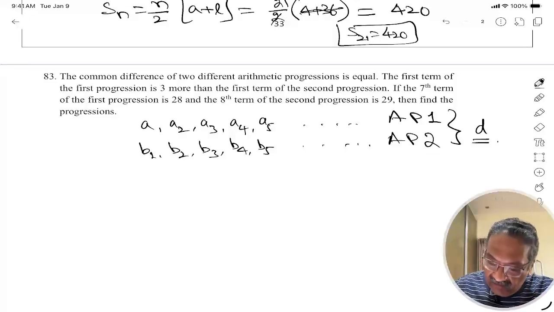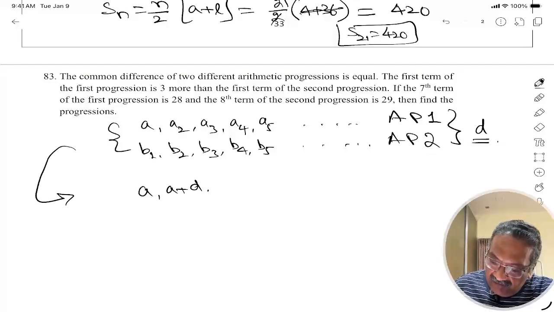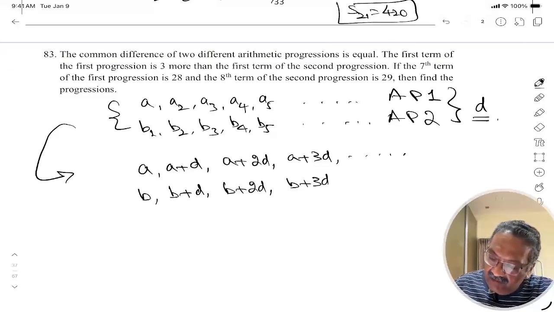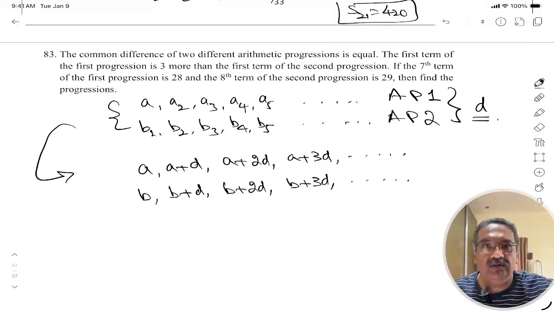Alright. So, I can write these two as A comma A plus D comma A plus 2D comma A plus 3D and so on. And this will be B comma B plus D comma B plus 2D comma B plus 3D comma so on. Alright. Don't know what this is saying.